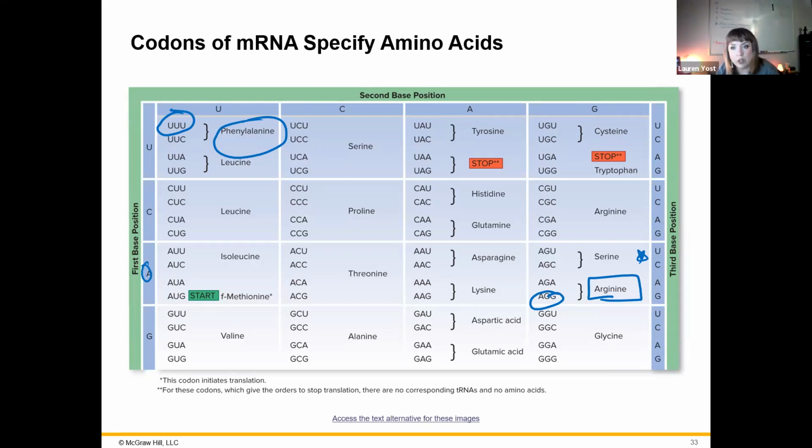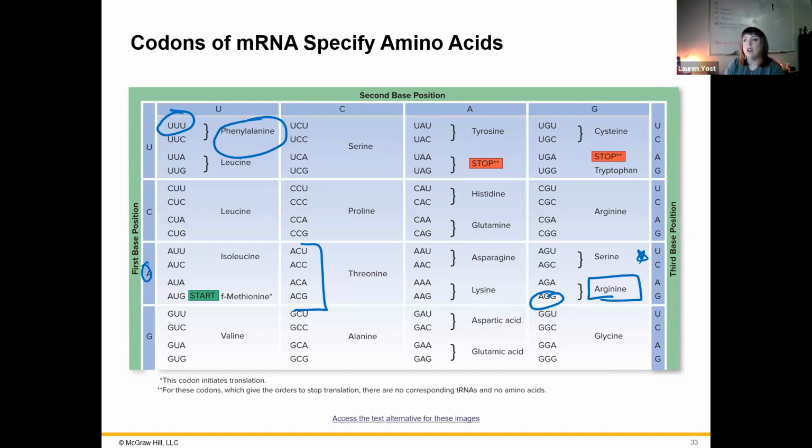And you can see there's a lot of redundancy in here. So if we have any of these four here, AC anything, that codes for threonine, and then GC anything codes for alanine. So there's a lot of redundancy here, and there's a reason for that. That is what we call the wobble effect, considering that third nucleotide to be the less important one of those three nucleotides in the codon.